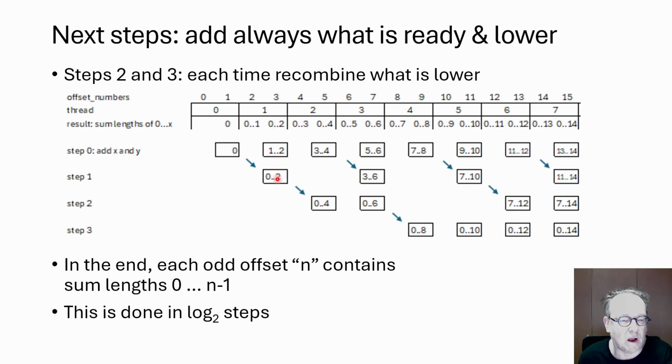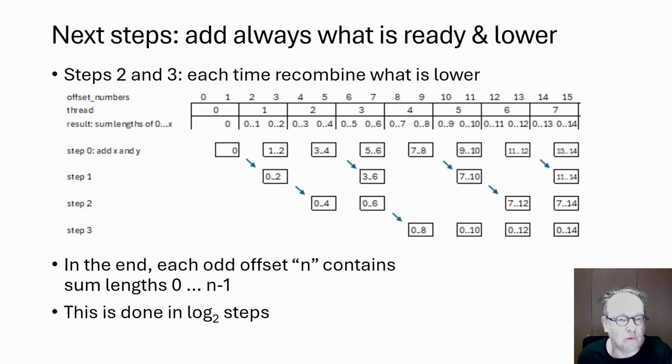Now, after step 2, this one was also ready, and this one was also ready, so now we had 4. 1, 2, 4, 8. So it's easy to see that each time we do a step, the number of calculated offsets actually doubles. So the number of steps required is actually log 2 of the number of offsets required.